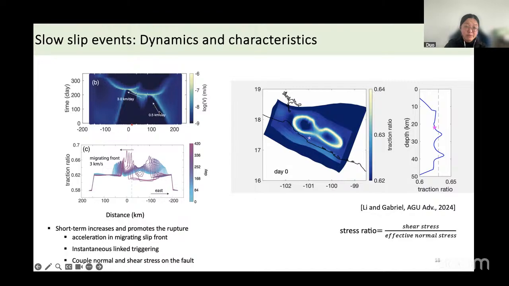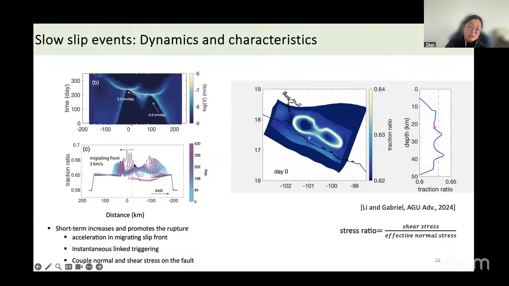The slope represents the migration speed during the slow slip. This part shows the hypocenter of the earthquake. It seems that when the slow slip propagates from this side towards the center of the hypocenter, it has an acceleration in the migrating speed. And we also calculate a stress ratio, which is the ratio between shear stress and the effective normal stress.